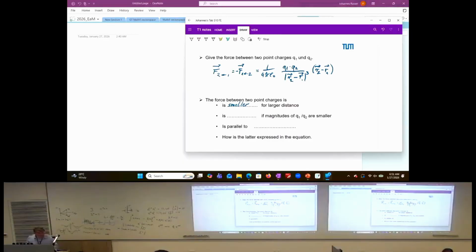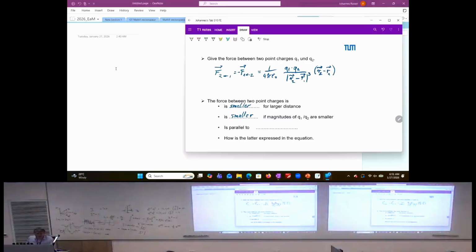Yeah, then it is also getting smaller. And also with respect to orientation of the force vector, what does it align with? I've added here already, it's parallel to something.